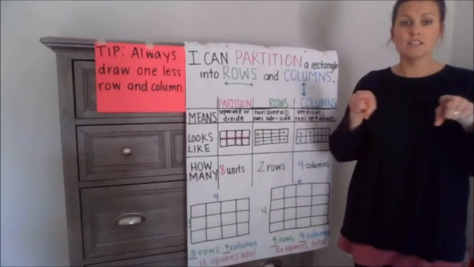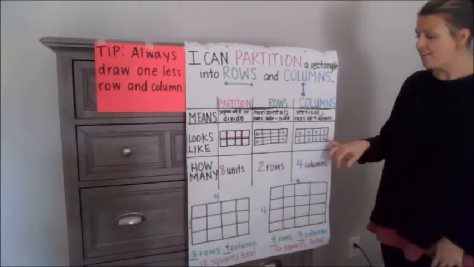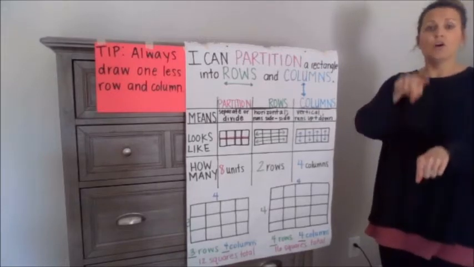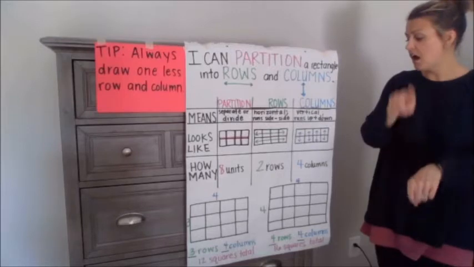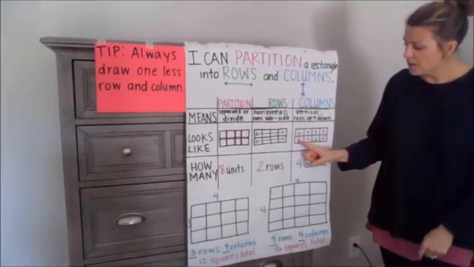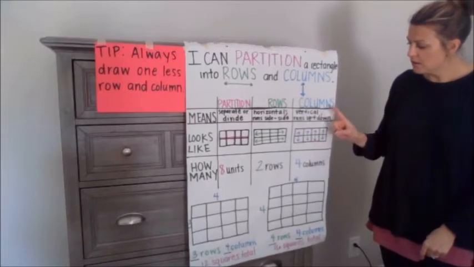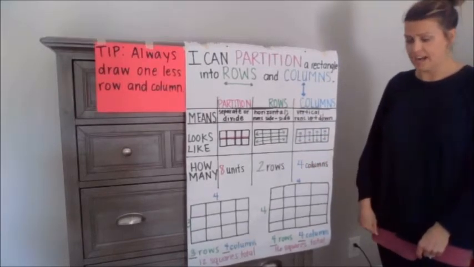Rows run side to side. And then last, I have it partitioned with my columns. My columns run up and down. Here I have 1, 2, 3, 4 columns that are running up and down.